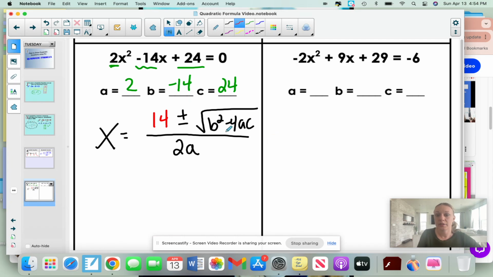This part underneath the radical, it's b squared minus 4ac. So I'm going to erase piece by piece. When it says b squared, I know that no matter what number that is, it's going to turn out to be positive, because 2 squared would be 2 times 2, which is 4. Negative 2 squared is negative 2 times negative 2, which is also positive 4.